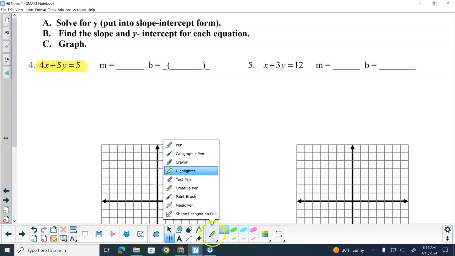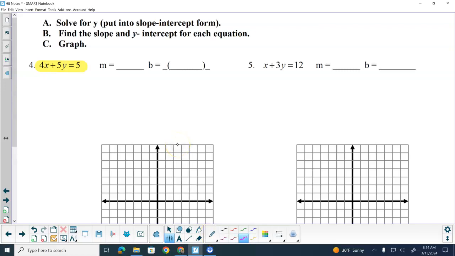So, Jake, first step to solve this one for y. Subtract 4x from both sides. Yep. So just like what we were doing in the 3 warm-ups. Then this becomes 5y equals negative 4x plus 5. Then what? Divide everything by 5.